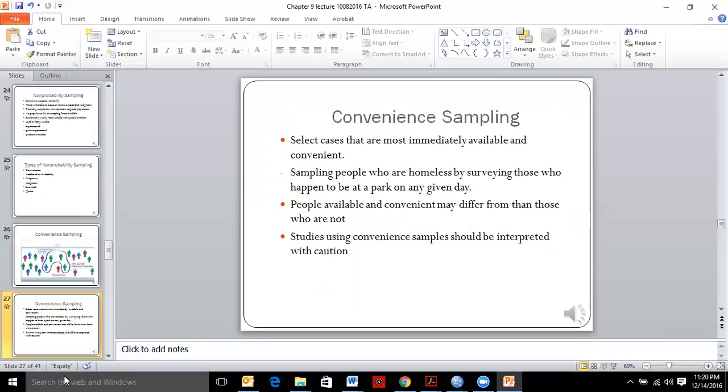One of the biases this type of sampling has is that people available and convenient may differ from those who are not. Also, studies using convenient sampling should be interpreted with caution.